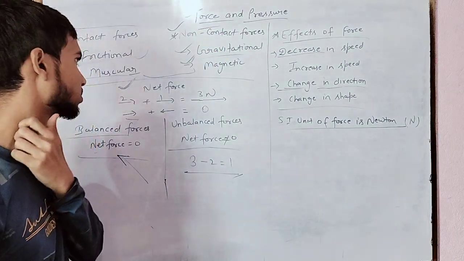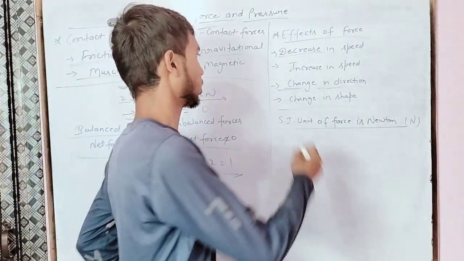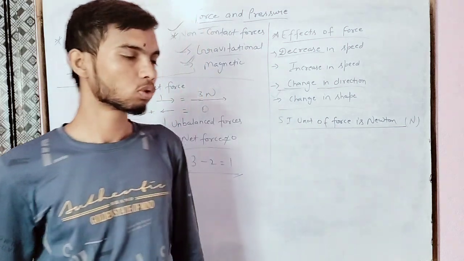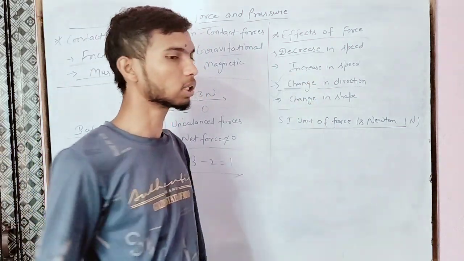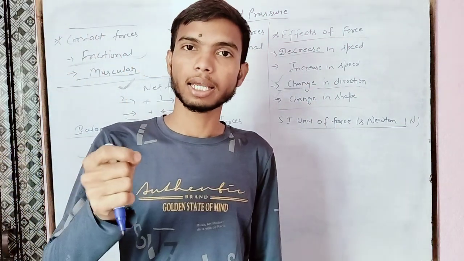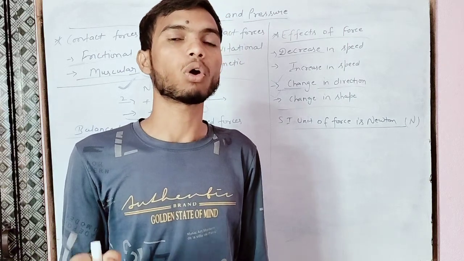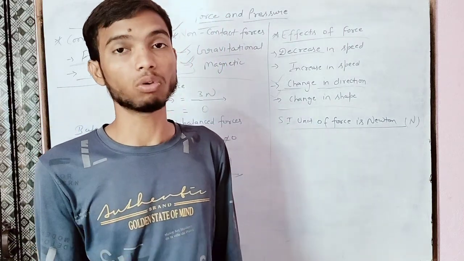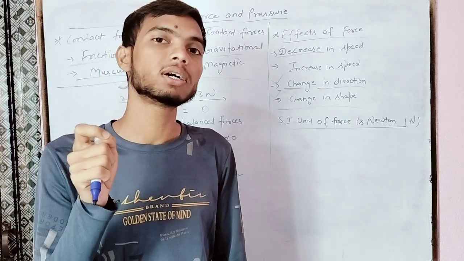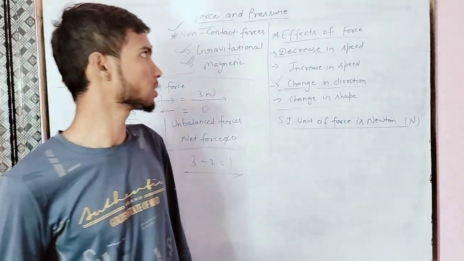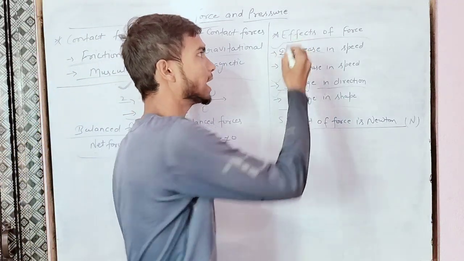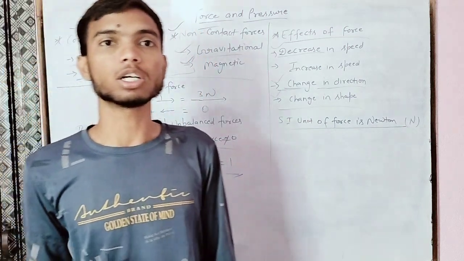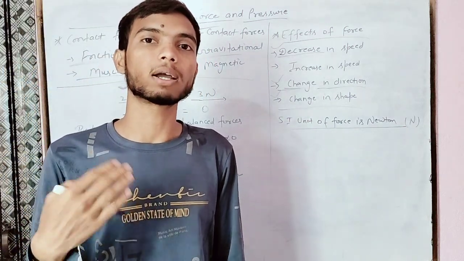Okay. Now next. So from this you are crystal clear. You can change the direction of any object by applying force. This is an effect of a force. You can decrease the speed of an object by applying force.